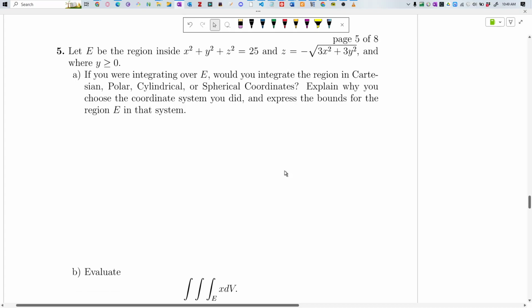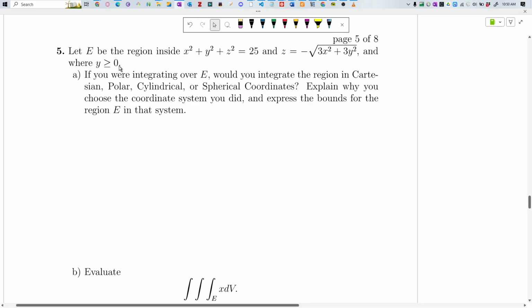Number 5. We're inside this region. Okay, so this is a sphere of radius 5, centered at the origin. And this is a somewhat bothersome condition.